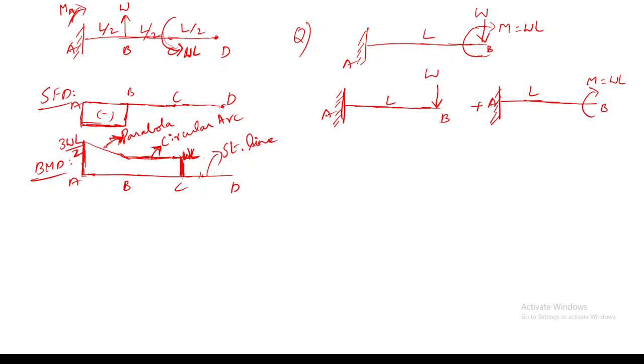We have to find the maximum slope and deflection, and the maximum slope and deflection will be at point B. I'm splitting the same beam into these two individual loads because I don't have a combined formula, whereas I have the expressions for y max and theta max for these two separately, and for both, the y max will happen at B. So I can find the y max for each case separately and then add them. Got it, sir.